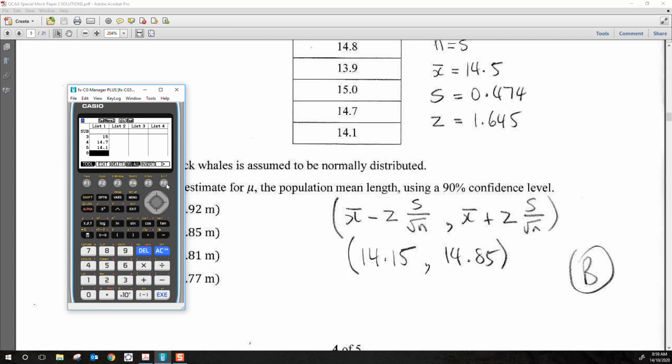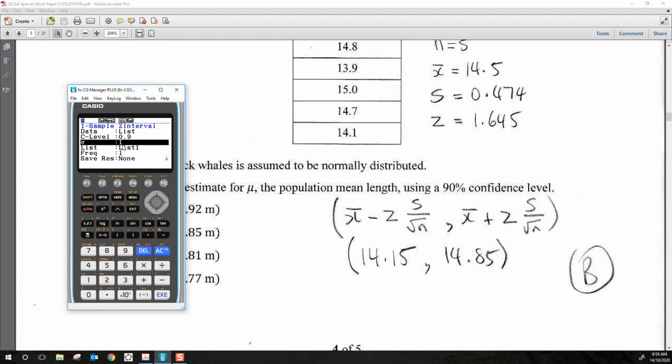Actually, my data is stored in list number 1, yes. The confidence level was 90%, 0.9.